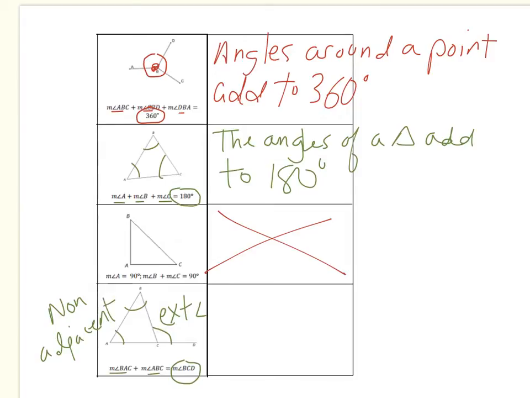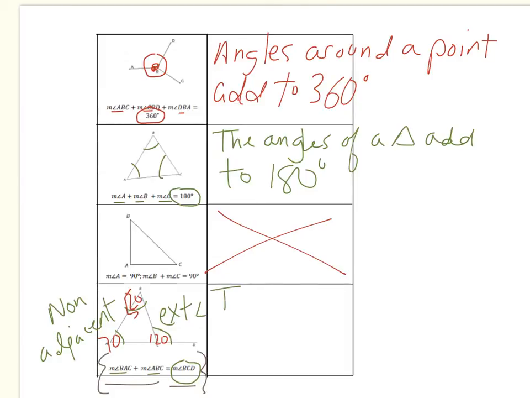Alright, and what this little theorem is showing us here is that if you add the two non-adjacent angles, it will equal the exterior. Just as a quick example, if angle A was 70 and angle B was 50 degrees, then the exterior angle would have to be 120 degrees.